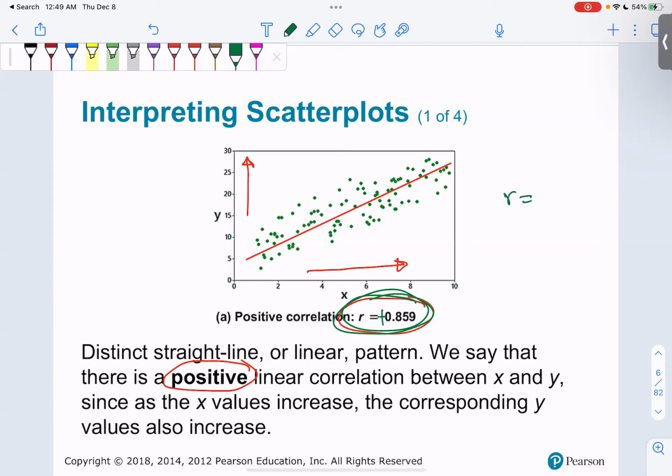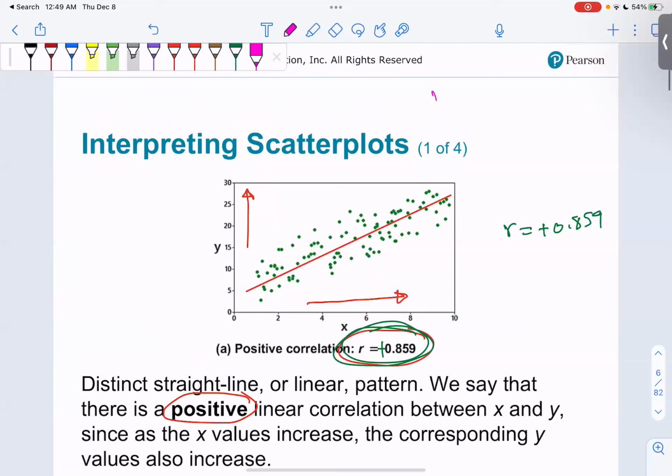R equals positive 0.859. Remember in chapter 2 we did say R is between -1 and 1, and as we get closer to 1 or -1, the relationship will be stronger, and as we get closer to 0, the relationship between those two variables gets weaker till we get R equal to 0.